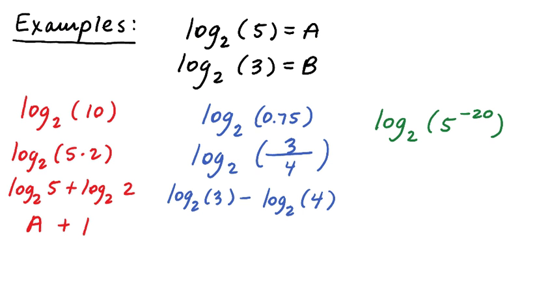I can think of what exponent I would put on 2 to get 4. Log base 2 of 3 is equal to b, and the exponent I would put on 2 to get 4 is 2. And for the one in green, I could swing that negative 20 around the front. So this is negative 20 times the log with base 2 and argument 5. They said that the log with base 2 and argument 5 was a, so this is just negative 20a.